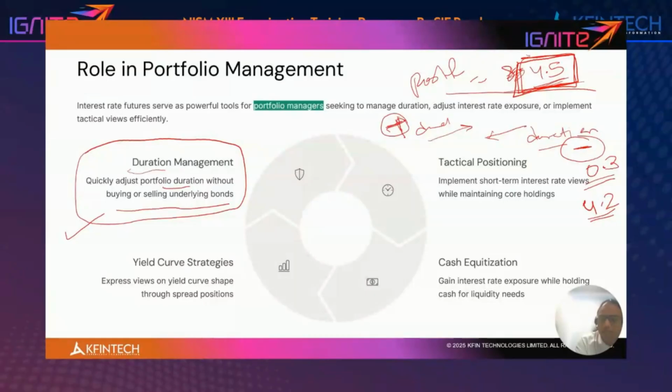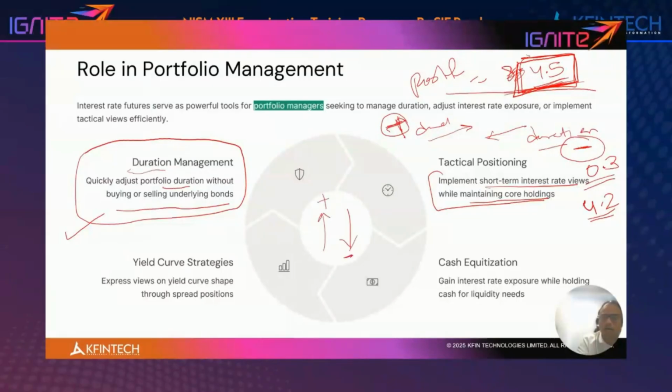Tactical positioning. Implement short-term interest rate views while maintaining core holdings. Again, let's take the same formula. My portfolio holding is some X millions and the duration is 4.5. Now in the longer run, I know that the portfolio is good and safe and sound, but because of say some technical issues like Fed repricing or there is some war going on, you have a view on the interest rate movement either on the upside or on the downside.